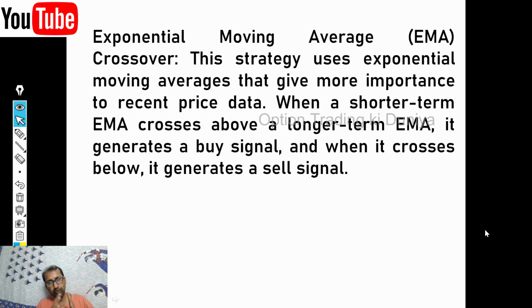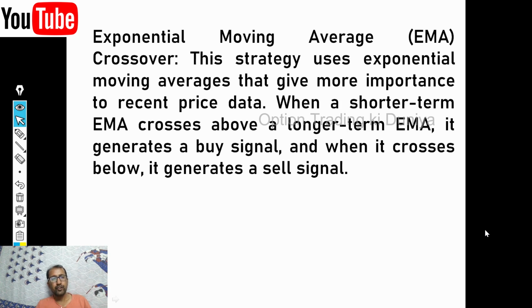So here what you need to concentrate is a shorter time EMA. Probably we are taking a 9-day EMA, and we are also using a longer term EMA, that is around 26 days. So both together we combine and a cross is generated.